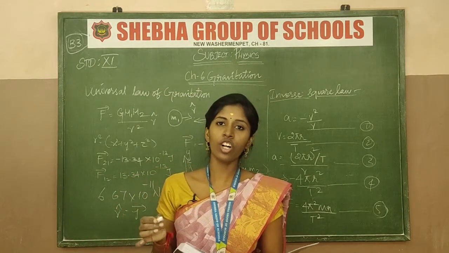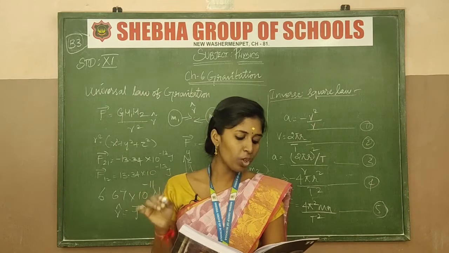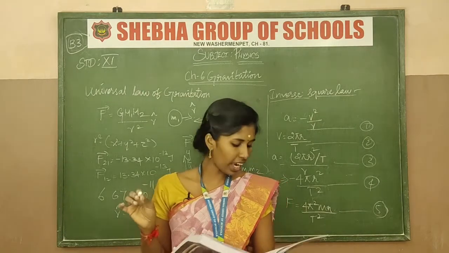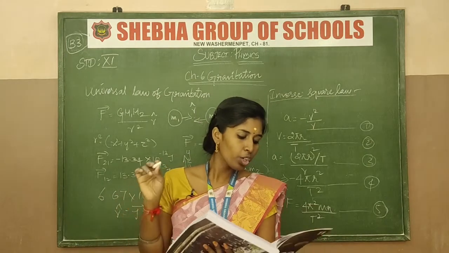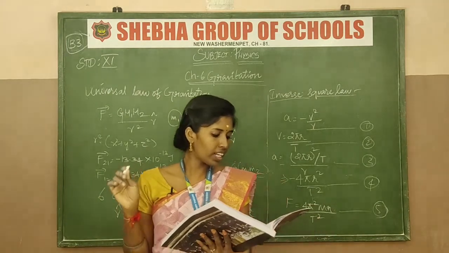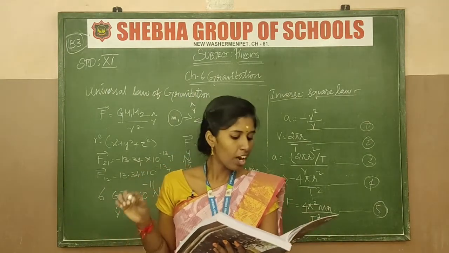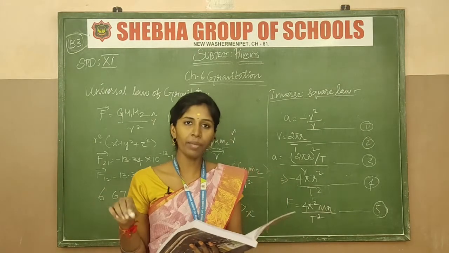So force is equal to G m1 m2 divided by r square, r cap. The Sun's gravitational force is assumed to act between two point masses, since the distance between the two bodies is very much larger than their diameters.